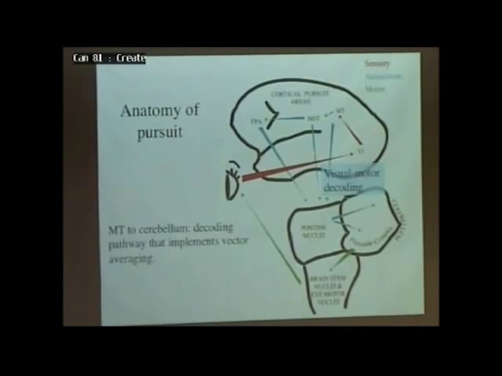This is sort of the conclusion of this in the context of the anatomy. Here is MT, and what we think is that there is a pathway from MT to the cerebellum, and this visual motor decoding occurs in there, and it is done in a way that looks to us like vector averaging. Now, I want to be really clear about something. I could give you the equation for vector averaging.